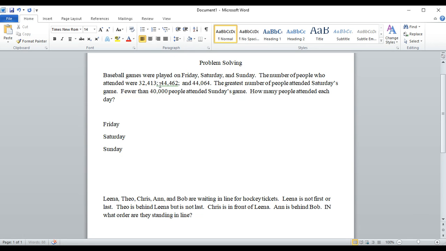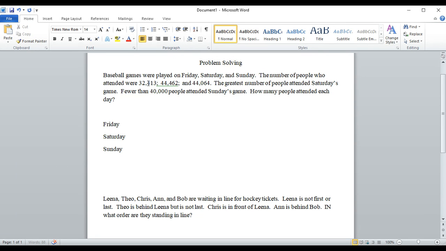And if you want to take your pencil and put a box around this number, the 32,413, and then this number and this number to set them apart, that is a wise thing to do because then you can see the numbers a little bit better and those semicolons don't confuse your eye, making you think it's a comma.